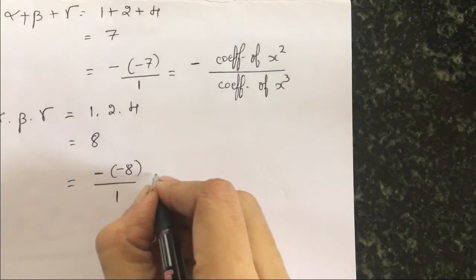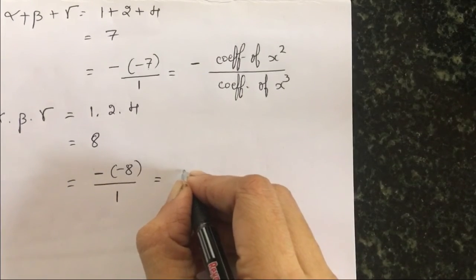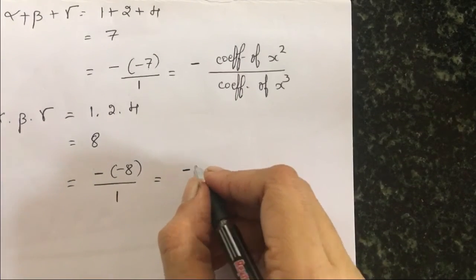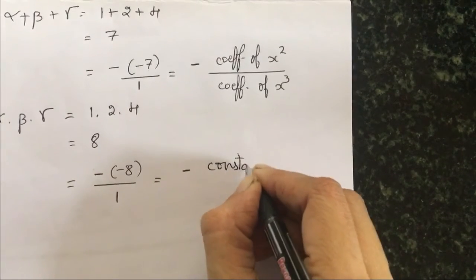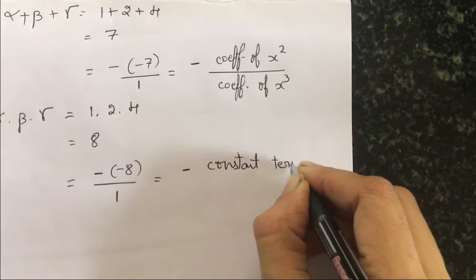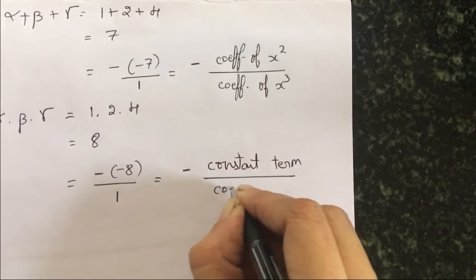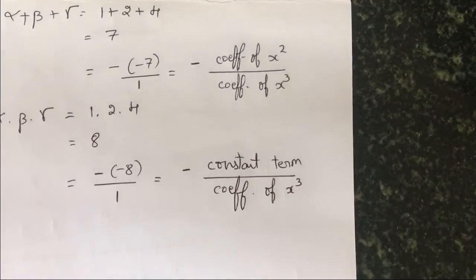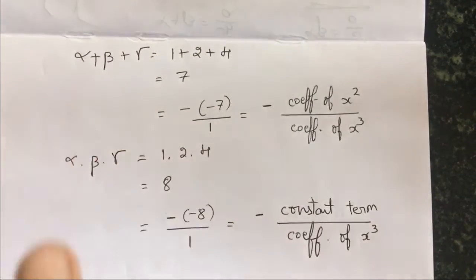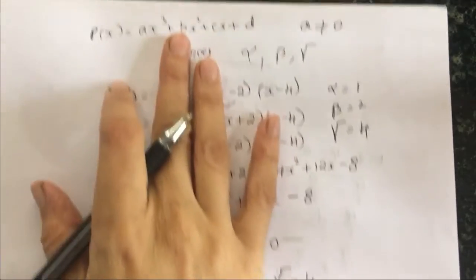So I can directly write minus of the constant term divided by the coefficient of x cube. This is the sum of zeros and product of zeros in case of a cubic polynomial.